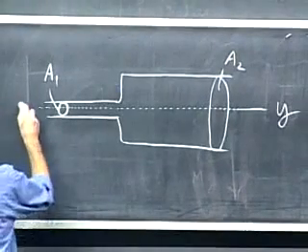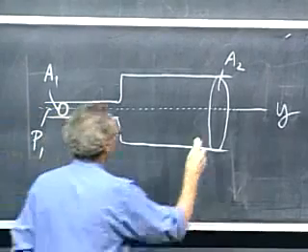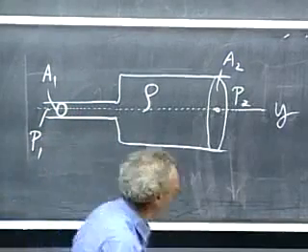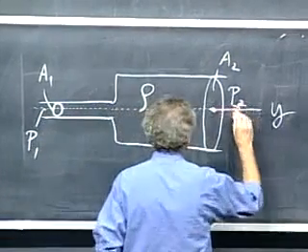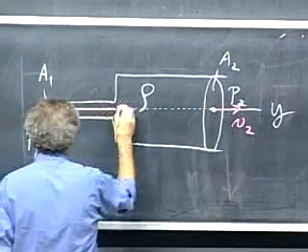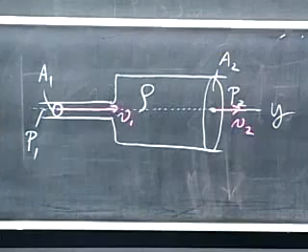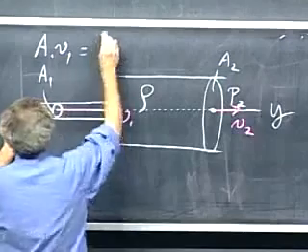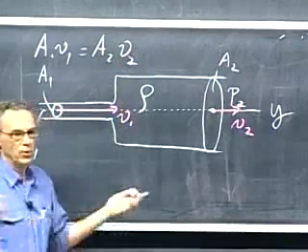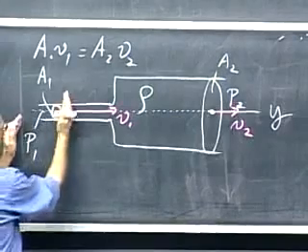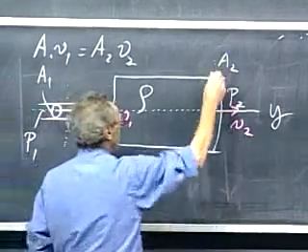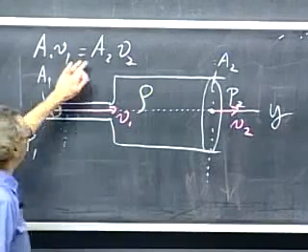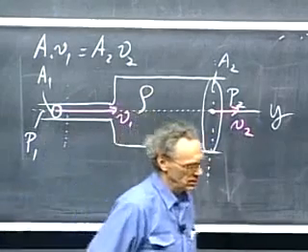Inside I have pressure P1, and here pressure P2, and this is the density of the fluid. There is a velocity V2 here, and a velocity V1 there. And clearly V1 is way larger than V2, because A1 times V1 must be A2 times V2, because the fluid is incompressible. The same amount of matter that flowed through here in 1 second must flow through there in 1 second. Since A1 is much smaller than A2, V1 is much larger than V2.